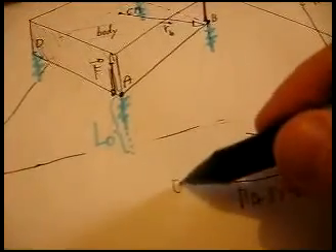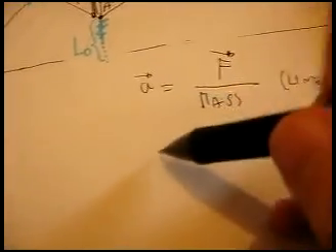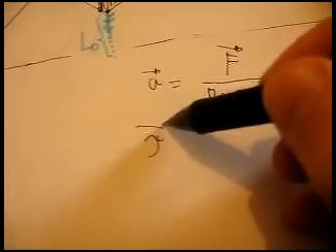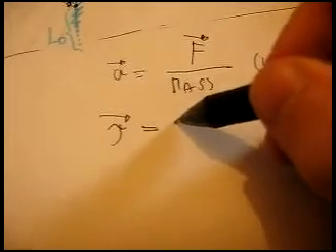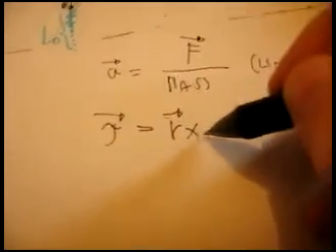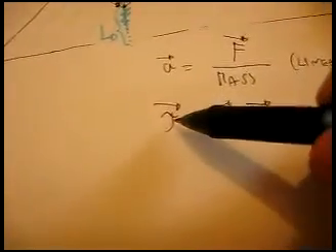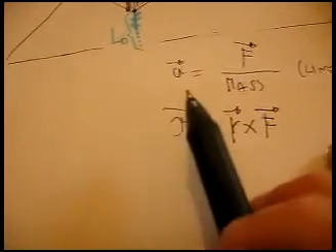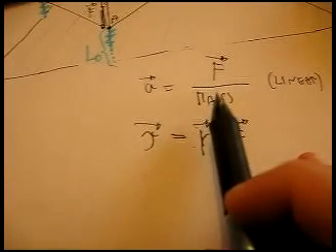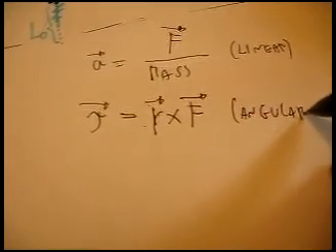And the angular one, as you can find in any standard physics book, is the torque vector equals the cross product of R with F. This is the variation of angular momentum, and this is the variation of linear momentum. This is angular.